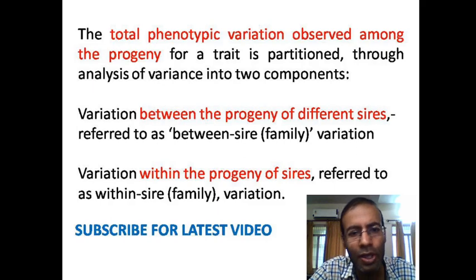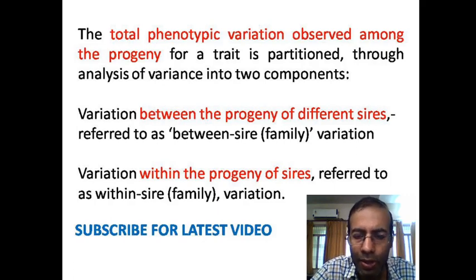After partitioning, we get two types of variation. The first is variation between the progeny of different sires.